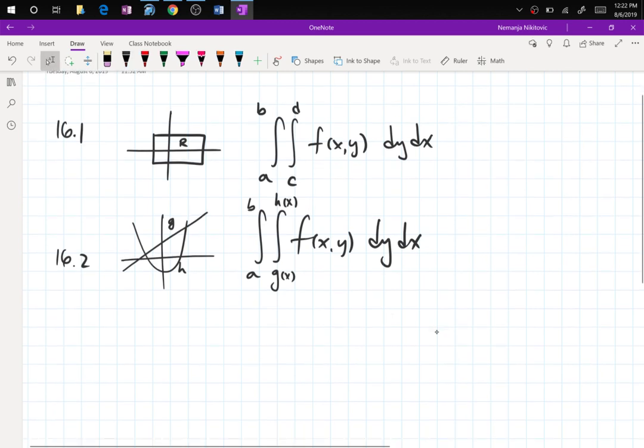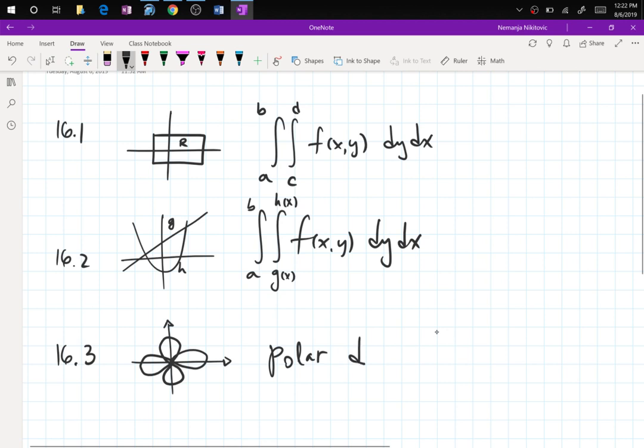Today, we have 16.3, we are going to integrate over, let's say, a flower. Something like that. And we are going to deal with the polar domain, meaning r, theta.